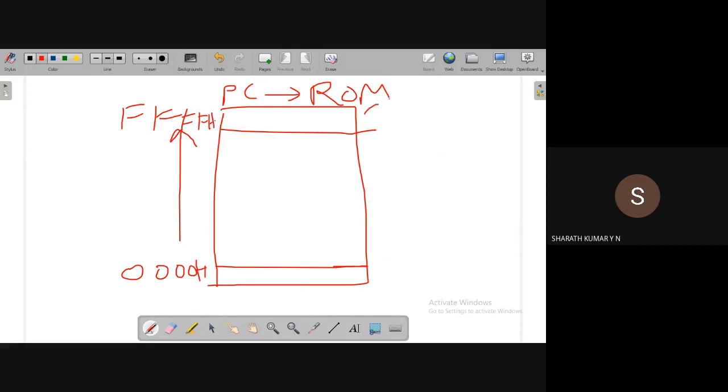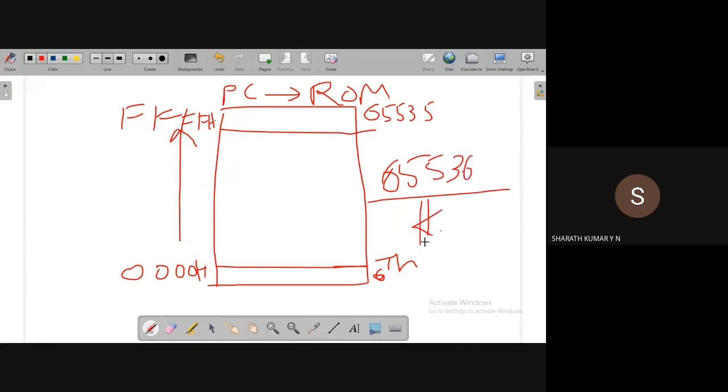That is, the last location is 65,535 and the first location is the 0th location. The total number of locations is 65,536.